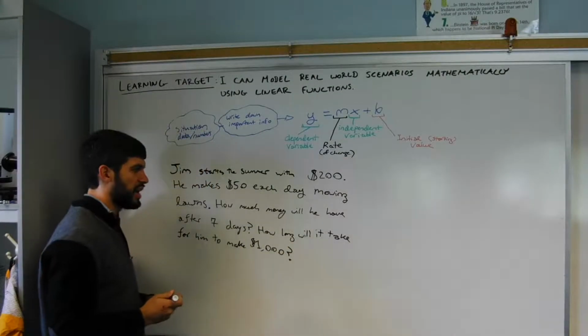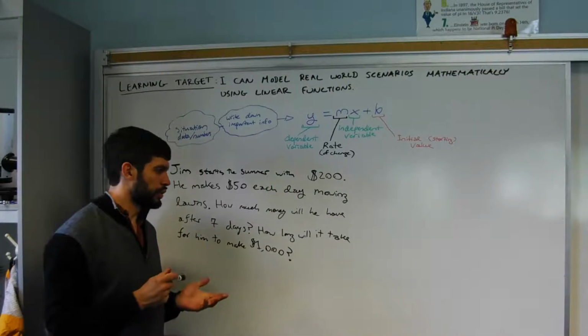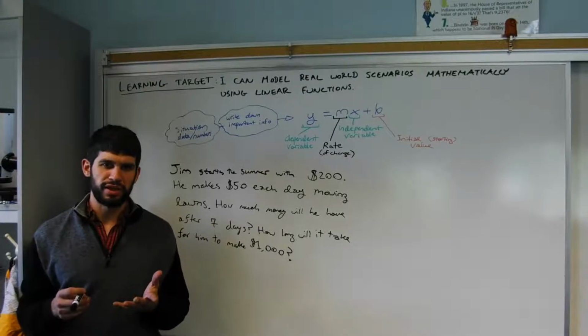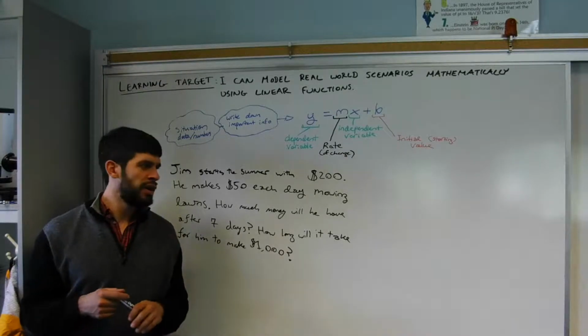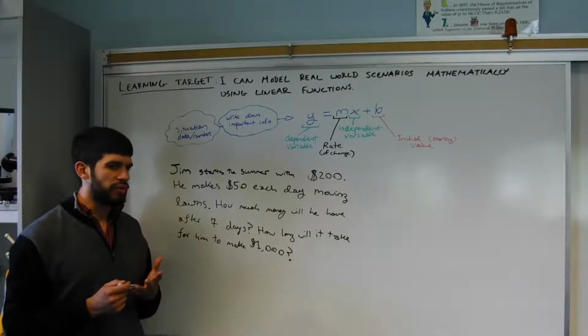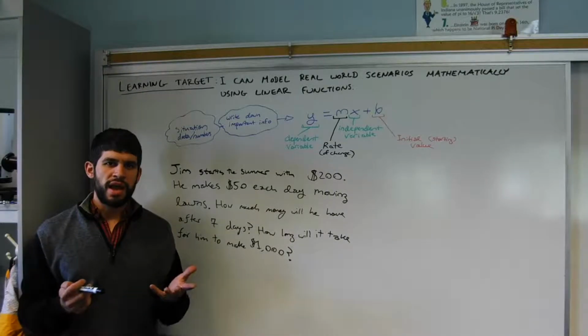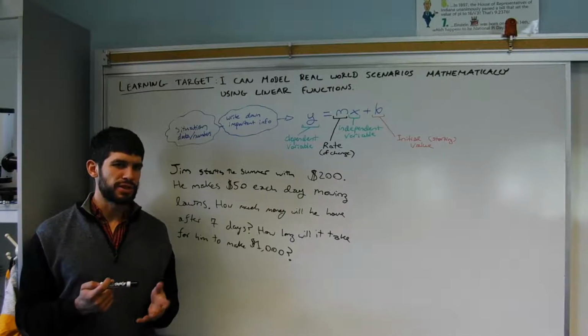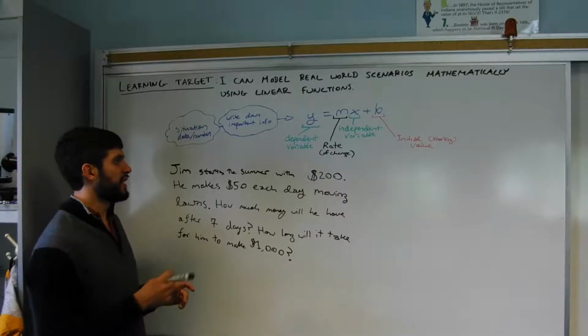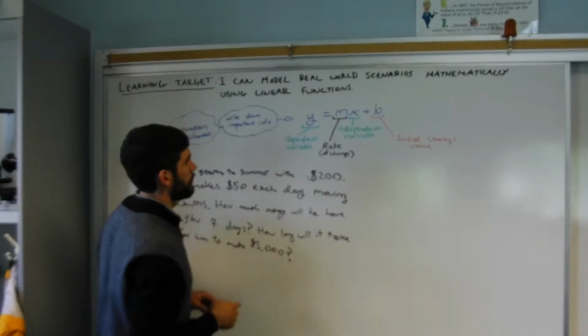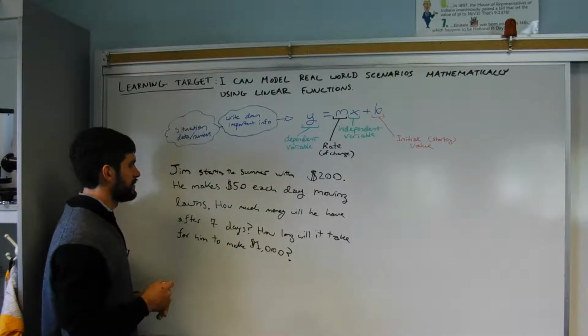So this is a very common linear word problem. You'll have someone who makes a certain amount of money each day, week, month, year, and we want to have an equation so that we can plug in any number of days and see how much money they have. So it's time to start identifying what our quantities are.